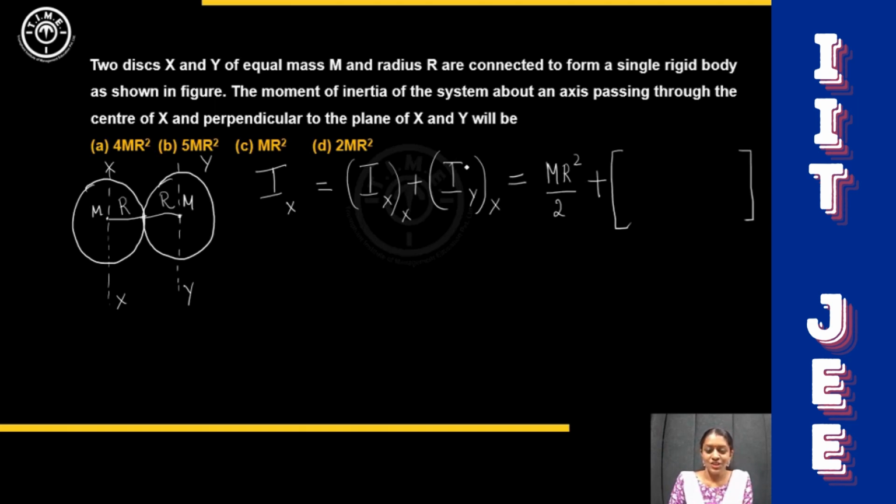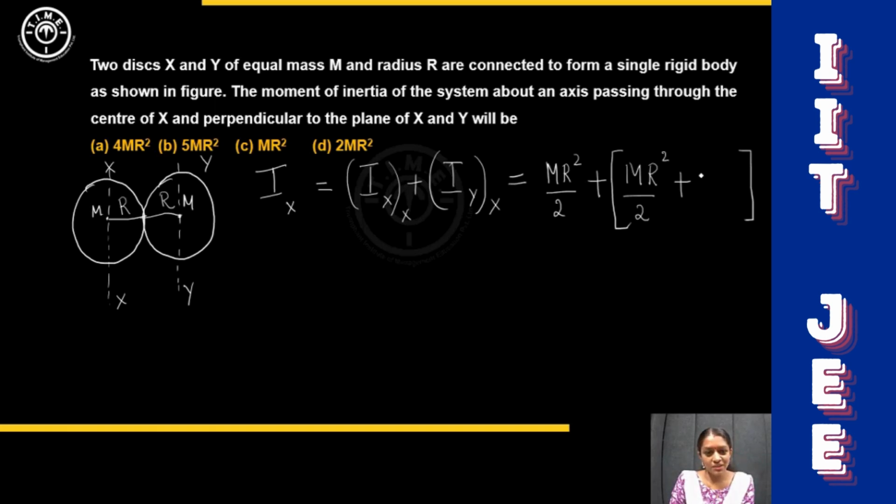So how will you apply the theorem over here? Since the axis X is parallel to Y, the first term in this equation should be the moment of inertia of the disk Y about the axis Y. So what is the equation? Yes, it is mr square by 2 because with respect to the disk Y, the axis Y is passing through its center and perpendicular to its plane.